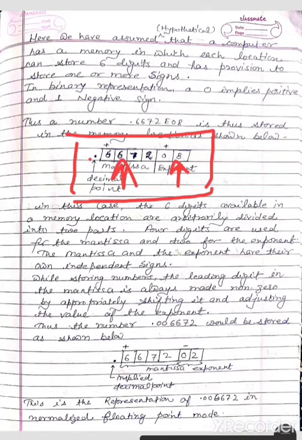The mantissa and the exponent have their own independent signs. We can see here both the mantissa and the exponent parts have the positive sign.